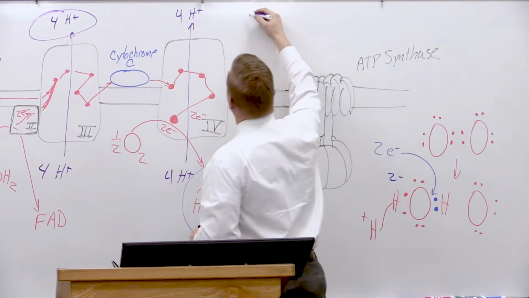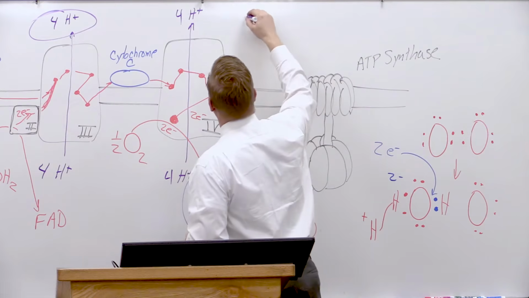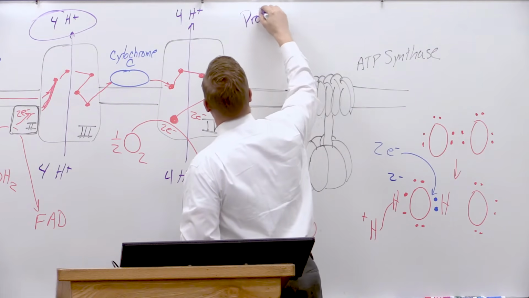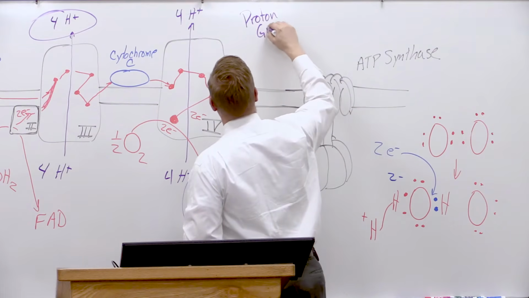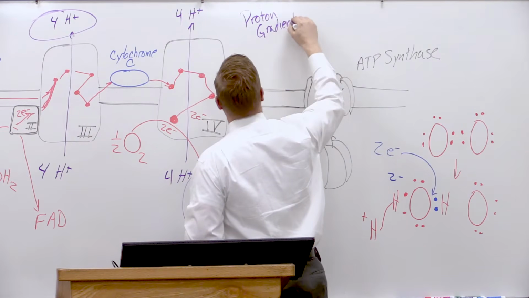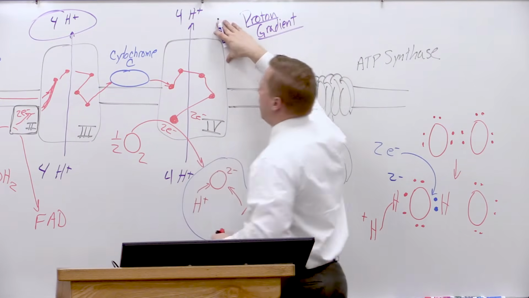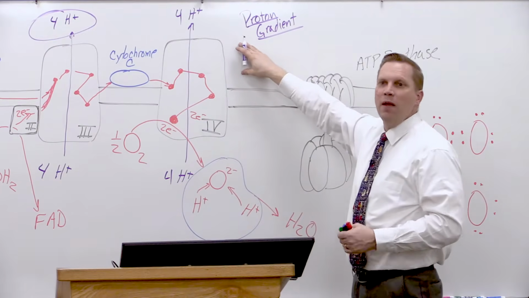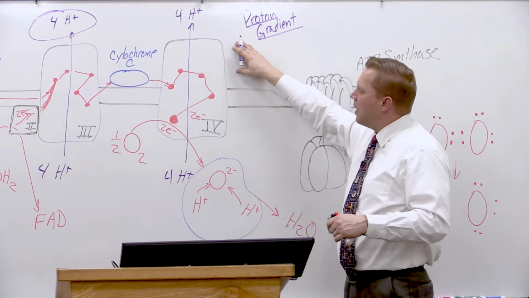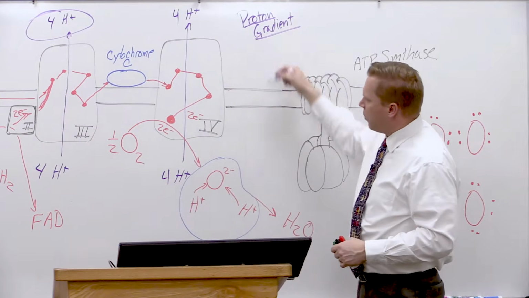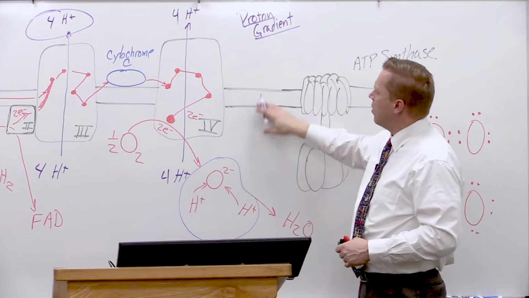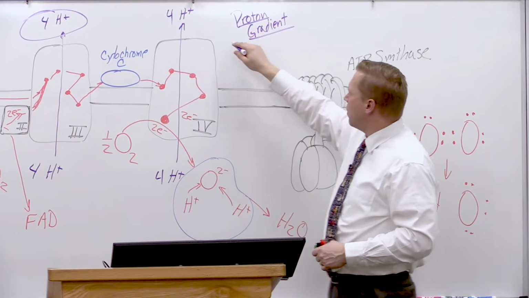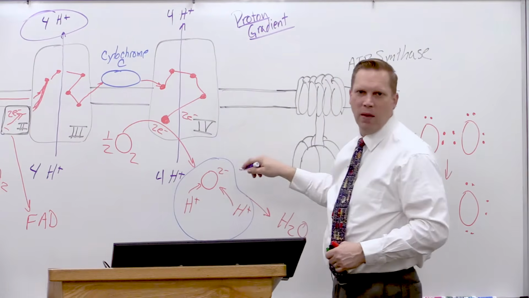And so we call this the proton motive force, but we've developed this proton gradient. And so we've got a lot of protons on this side. There's an imbalance of protons. There's a gradient. And so the protons naturally want to return to the balance, equilibrium. And so protons would like to go across the membrane.